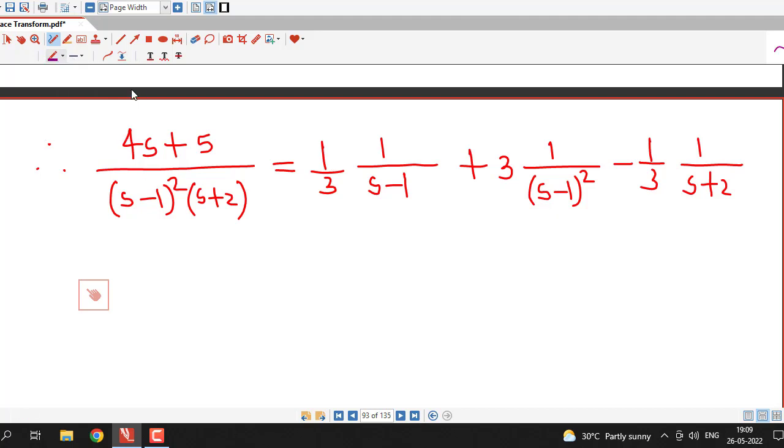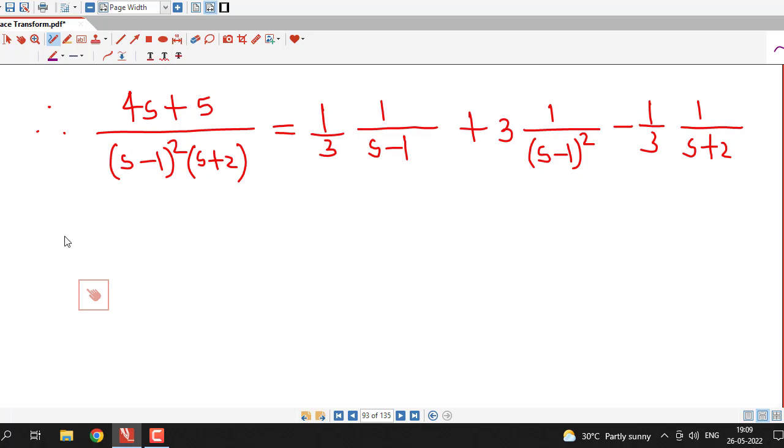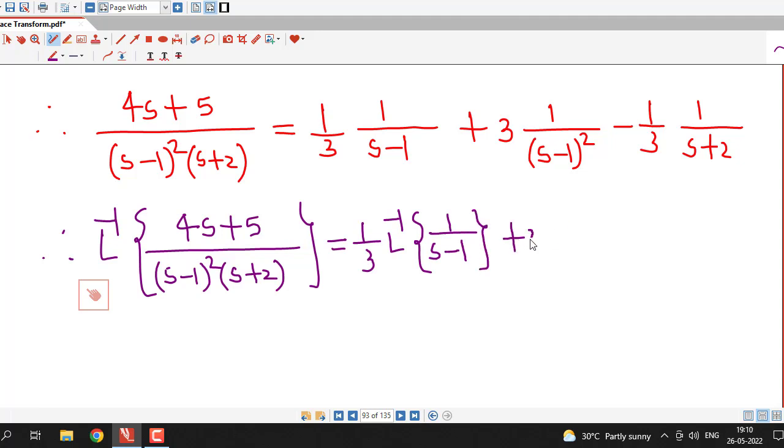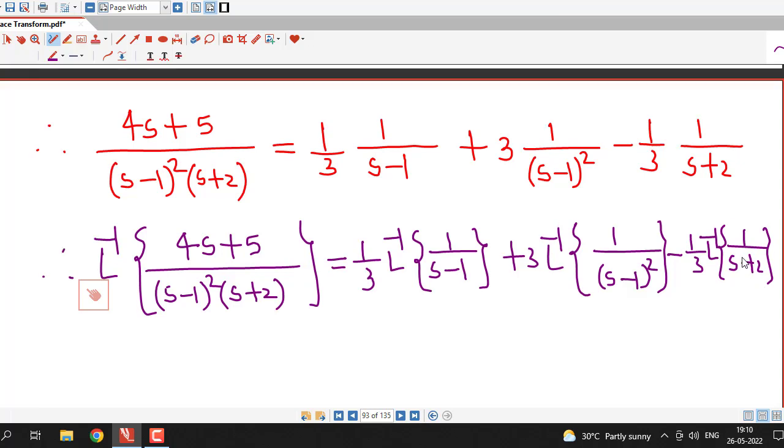Now we take the inverse Laplace transform on both sides. Therefore L inverse of 4s plus 5 divided by s minus 1 square times s plus 2 is equal to 1 by 3 times L inverse of 1 divided by s minus 1, plus 3 times L inverse of 1 divided by the square of s minus 1, and minus 1 by 3 L inverse of 1 divided by s plus 2.